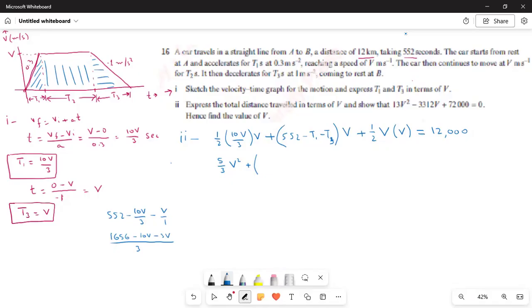So this is going to be 1656 minus 13v over 3, into v, plus half v squared, equal to 12,000. Let me double check my work. I hope it is right.